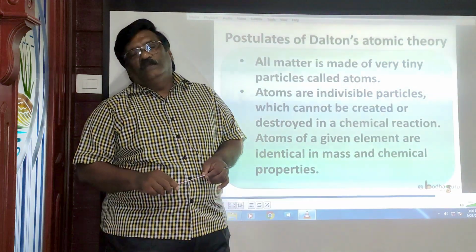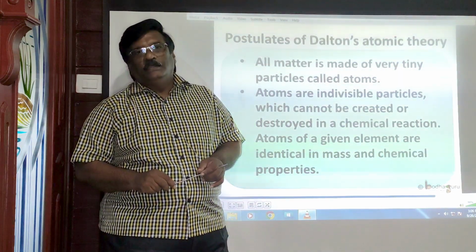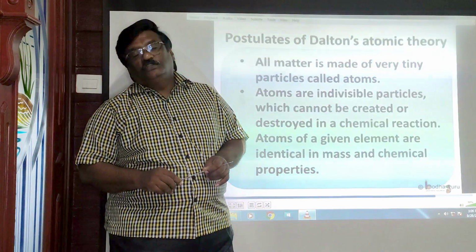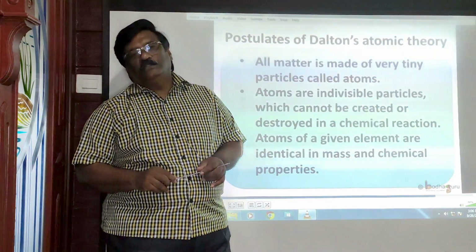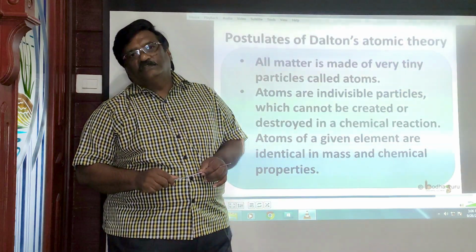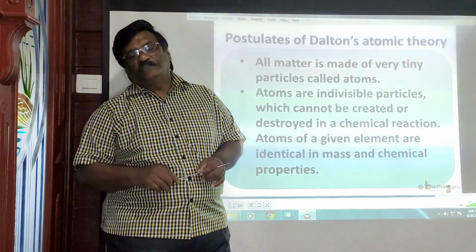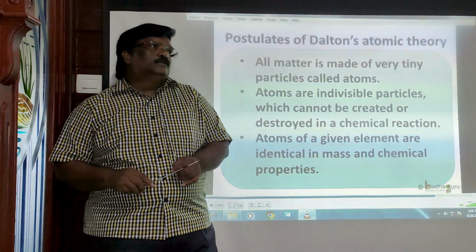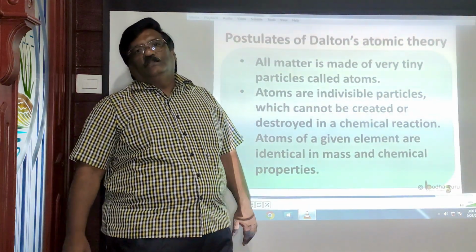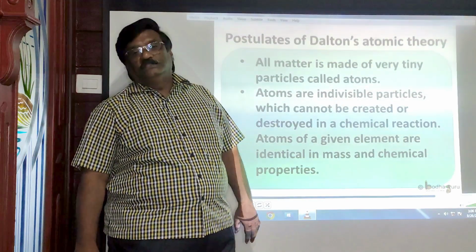We all have learned about the atom in detail. An atom is made up of protons, neutrons and electrons, and we have already discussed the discovery of protons, neutrons and electrons. I am just going to give you a timeline of happenings from John Dalton onwards.